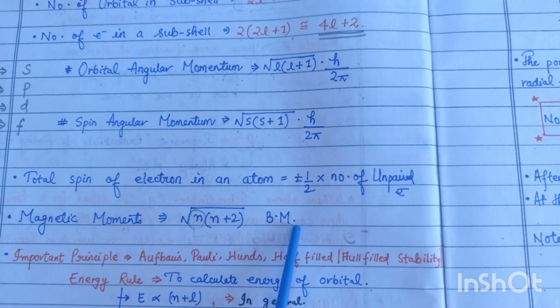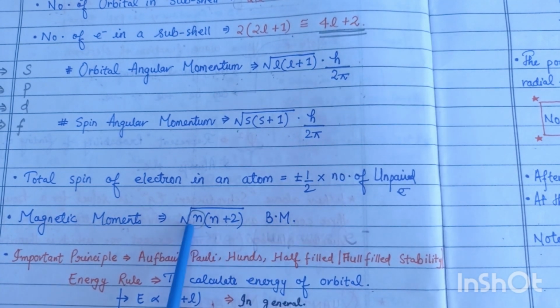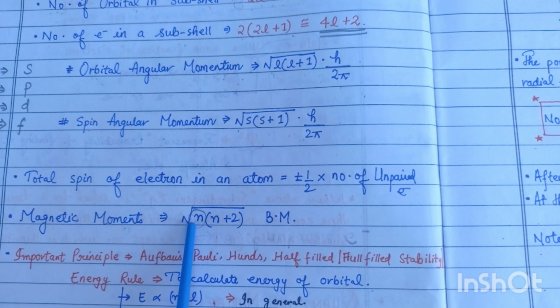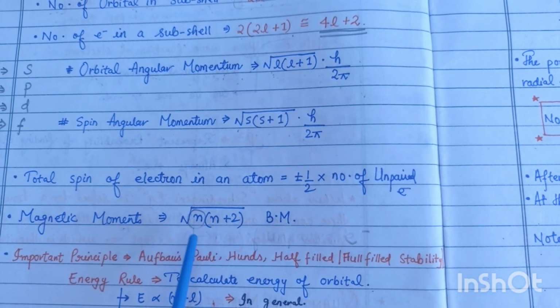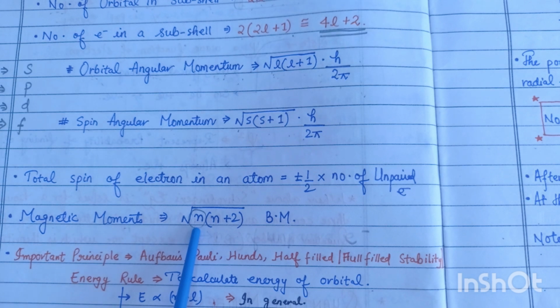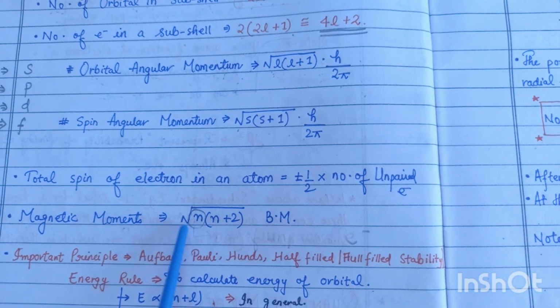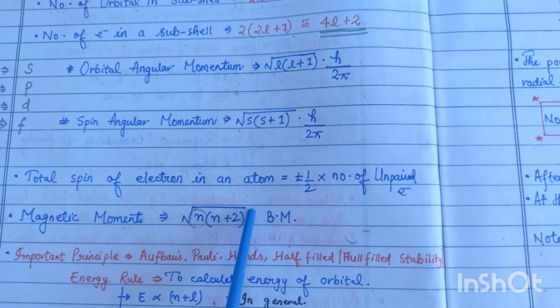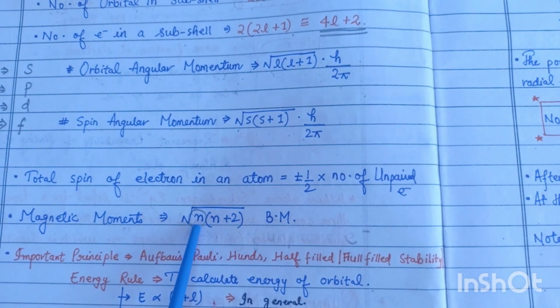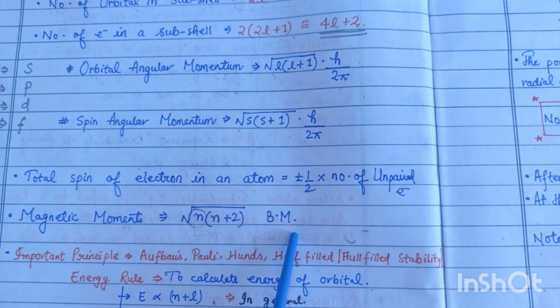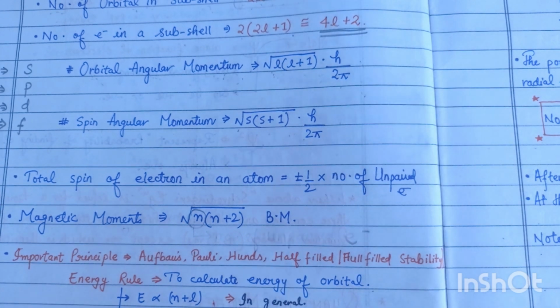Don't be confused: n is not the principal quantum number here. n is the number of unpaired electrons, not all the electrons. Find the number of unpaired electrons by writing the electronic configuration. Suppose 3 unpaired electrons are present, put 3 here, calculate the value and put the unit Bohr magneton.